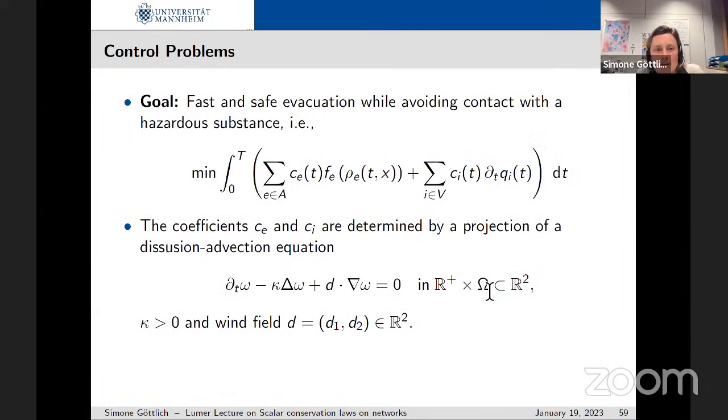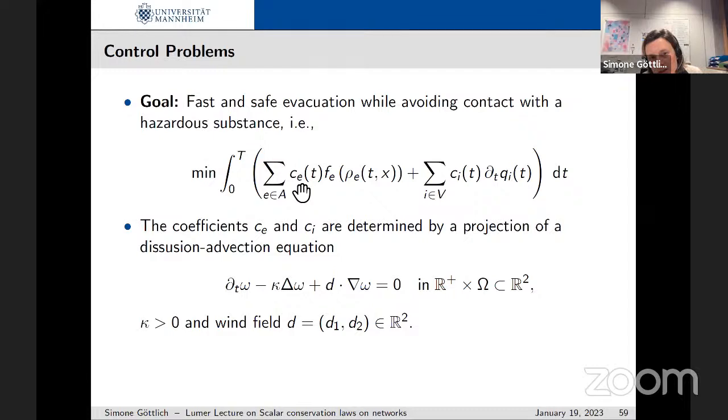Further considerations also might be to think about evacuation planning, to say that we need a fast and safe evacuation, and we don't want that people get in touch with some critical substance. Again, some cost functional, just a prototype. There might be other ones, and here you see there are also storages involved. But important is that there are coefficients C in the flux function.